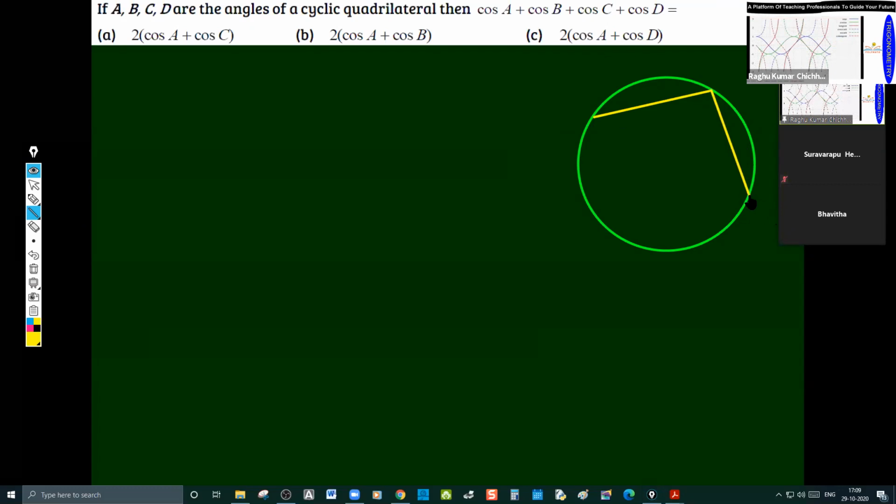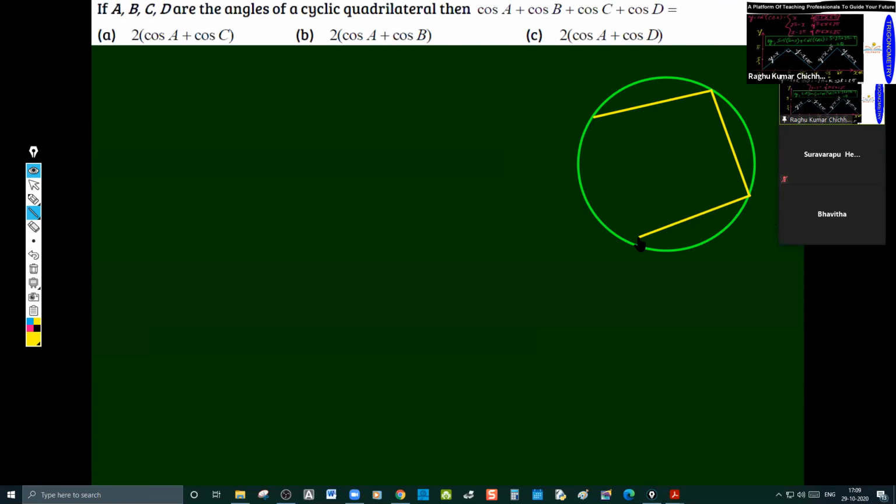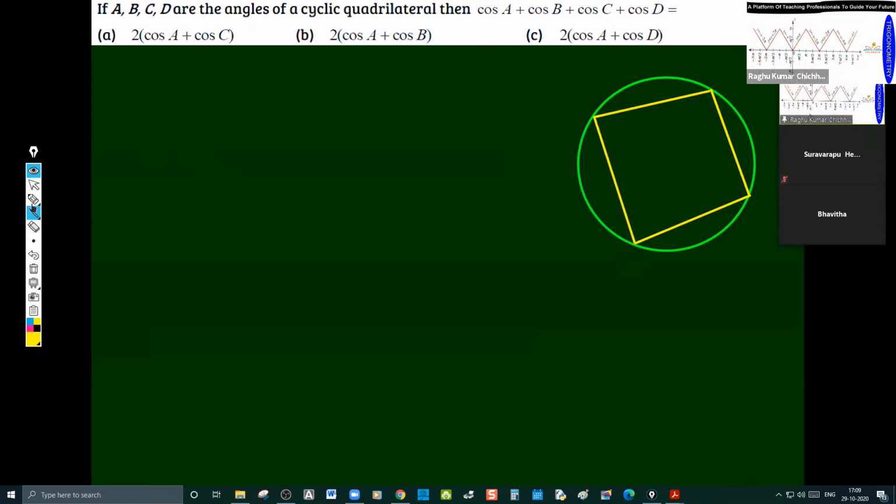That means every quadrilateral need not be like this. All the vertices of this quadrilateral will be lying on a circle.